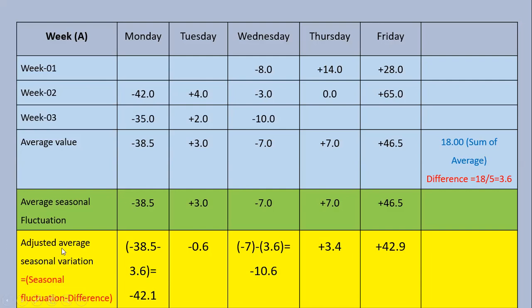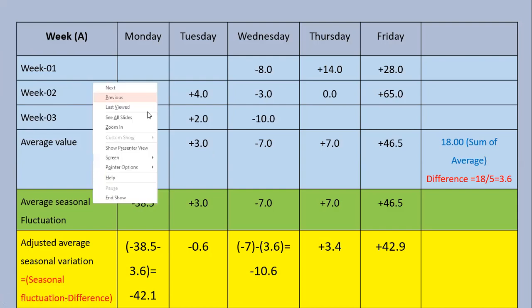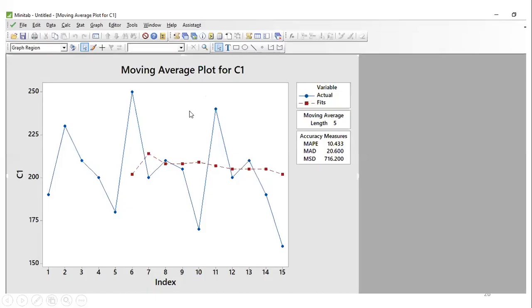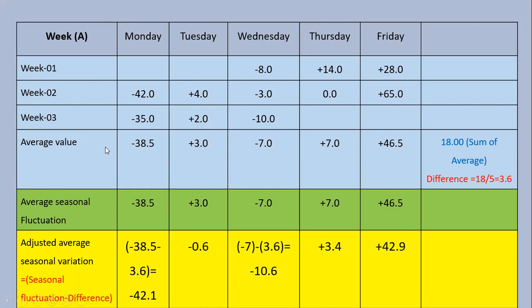Here we are going to get the adjusted average seasonal variation, in terms of analyzing the data and how it has changed within this selected time period. So the term is called adjusted average seasonal variation. To get it, first we have to get the seasonal fluctuation values and their average values.